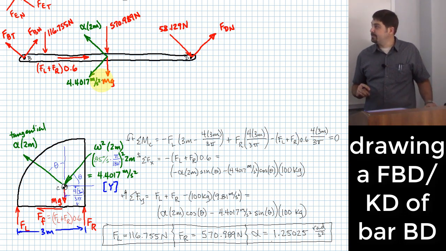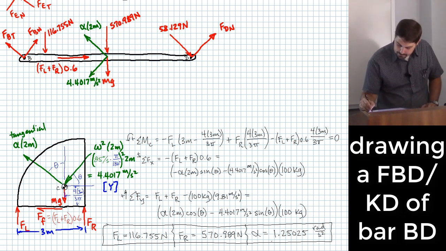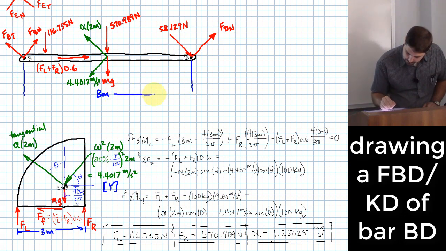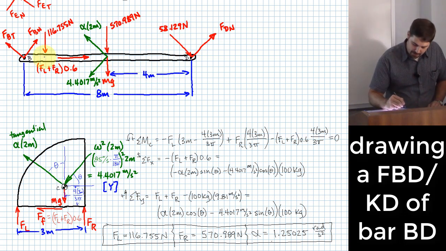All right. I should put some lengths on here maybe too. So it's 8 meters all the way across. Okay, 4 meters from this end, or either end, and so on. What about this force right here?